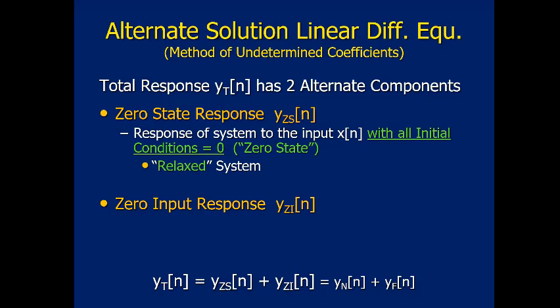So it assumes a relaxed system, and it uses the initial conditions of a relaxed system, namely a zero state, all initial conditions equal zero, in order to solve the unknown things in the zero state response.